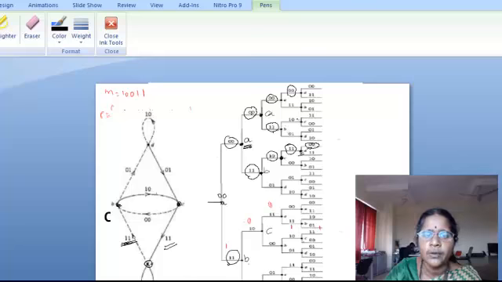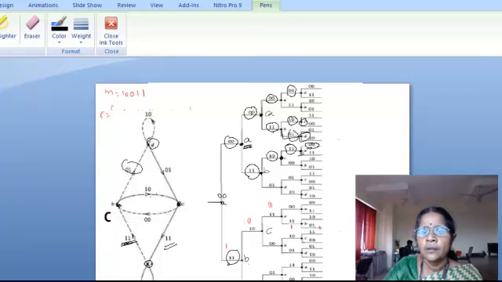From B, if you take 0, the next state is C with an output of 1 0. Then from B, if you take 1, you go to state D with an output of 0 1.